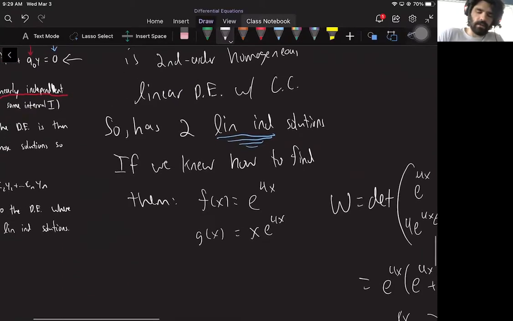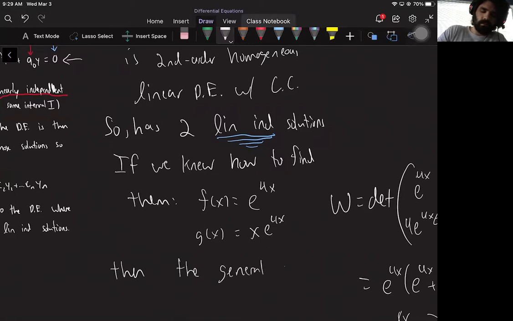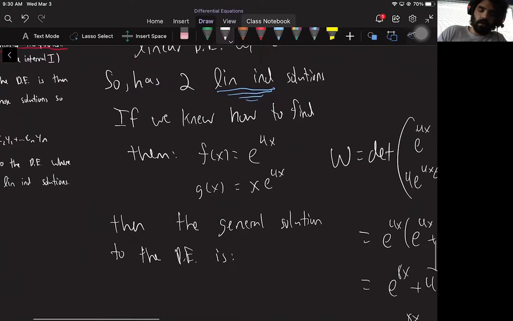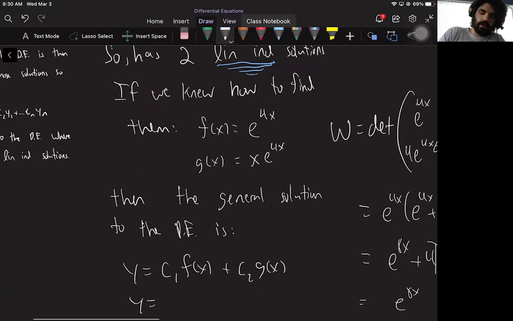So then I can say what the general solution to the differential equation is: C1, so some constant times the first, plus some constant times the second, which I'll actually write the functions in just to be clear.